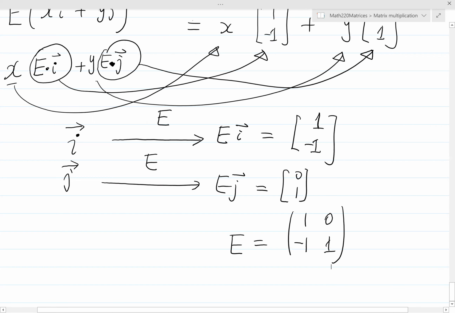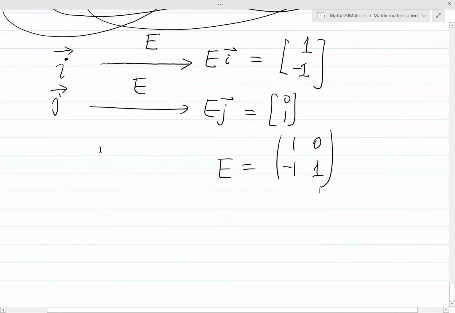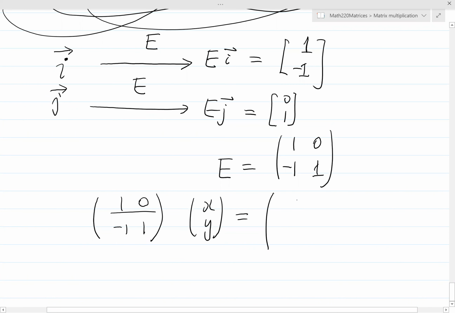Let's check with the row operations. We get the first row times the column (x, y). So we get 1 times x plus 0 times y.